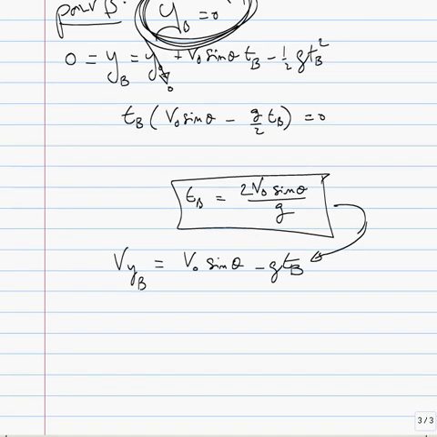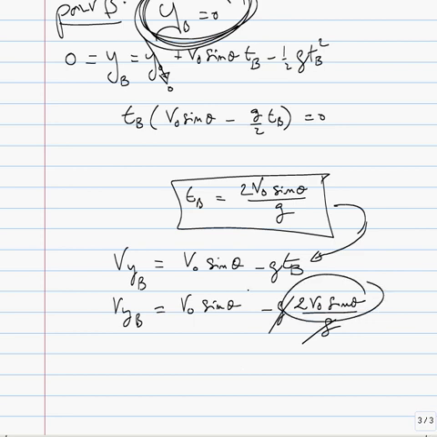So that's nice. Let's just plug it in, and we'll have V naught sine theta minus g times 2 V naught sine theta over g. We can cancel the g's, and we can combine those two terms, and we end up with minus V naught sine theta.